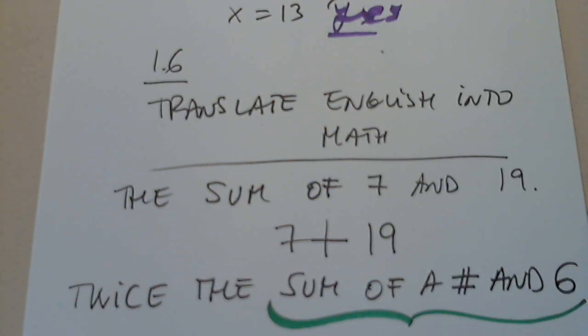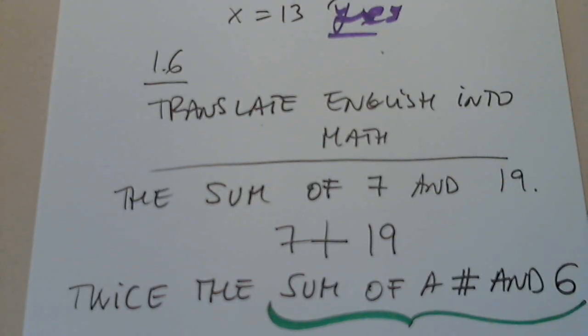How do I translate that into math? The first example was the sum of 7 and 19. Now we have the sum of a number and 6. We do not have the number. You cannot just pick a number. No, that's not possible.